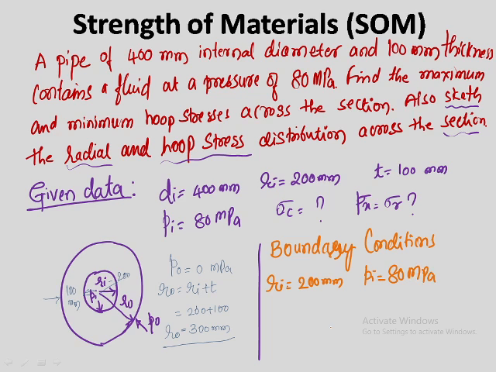That is one condition. Second condition, R naught equal to 300 mm, P naught is 0 megapascal. These two values refer to the radial stress.